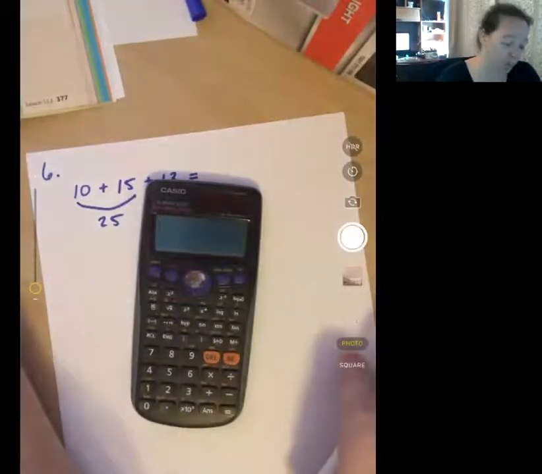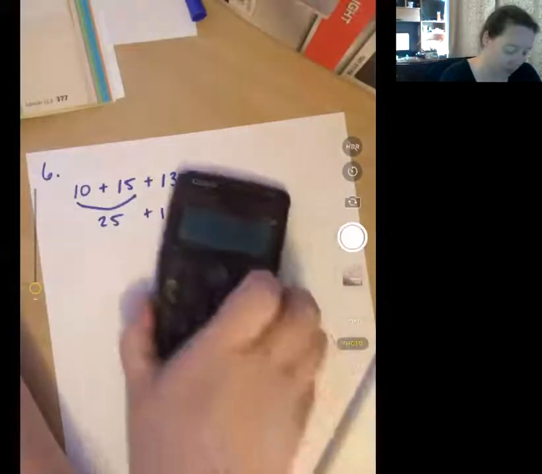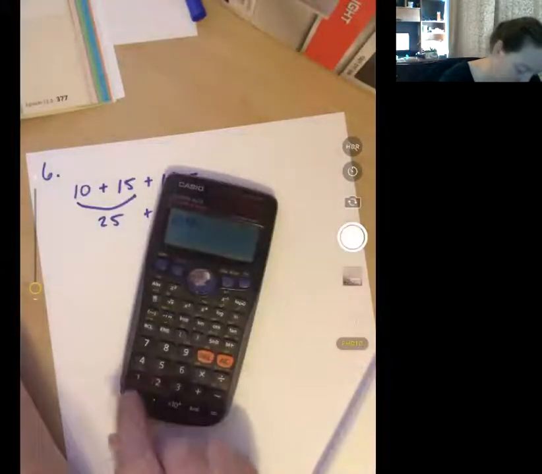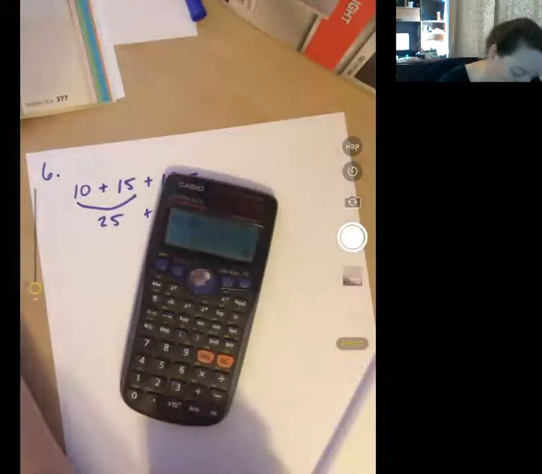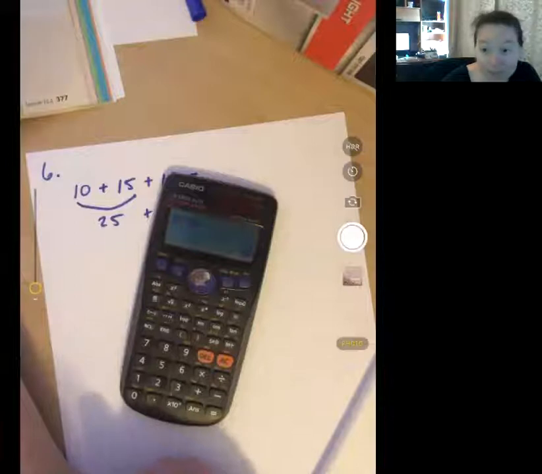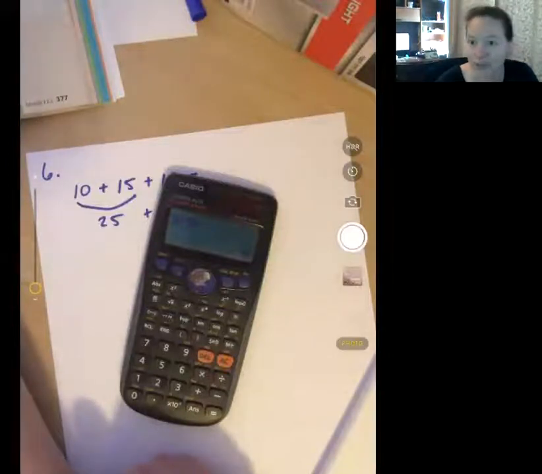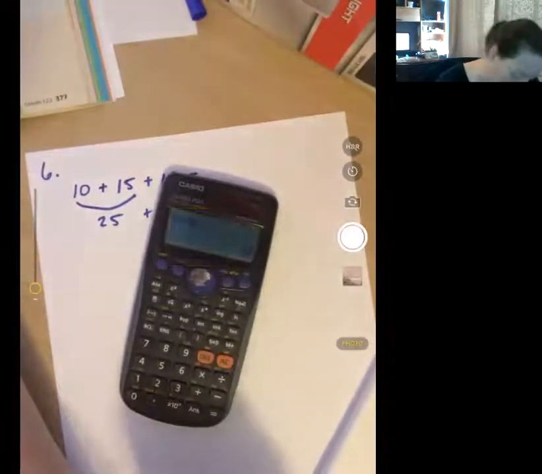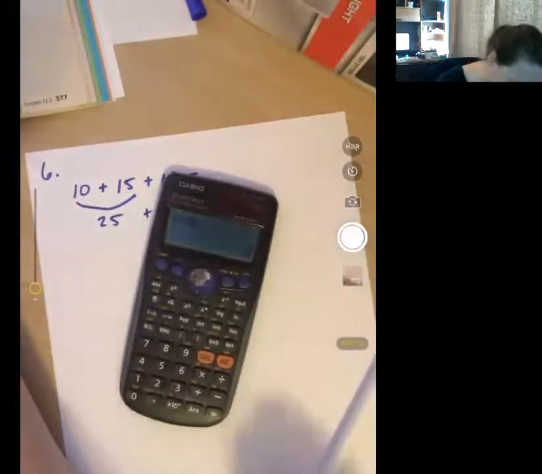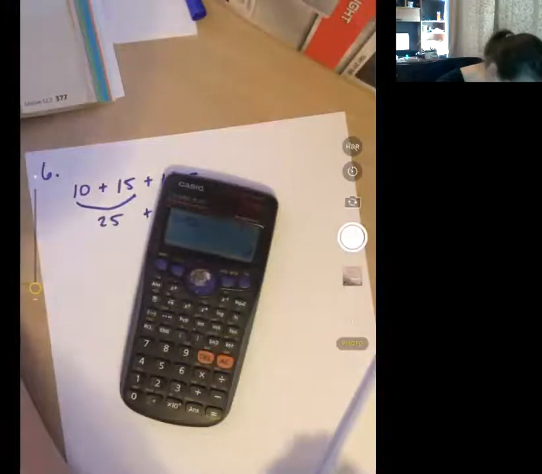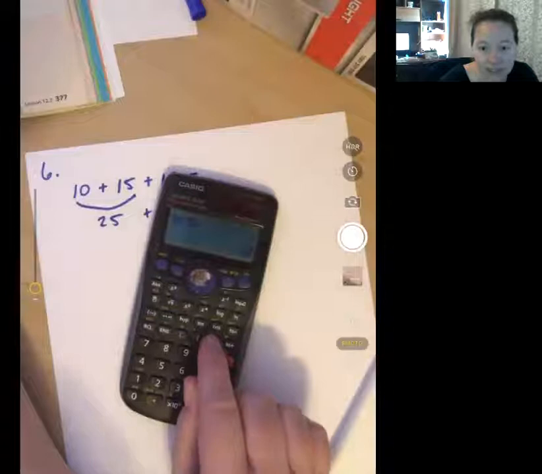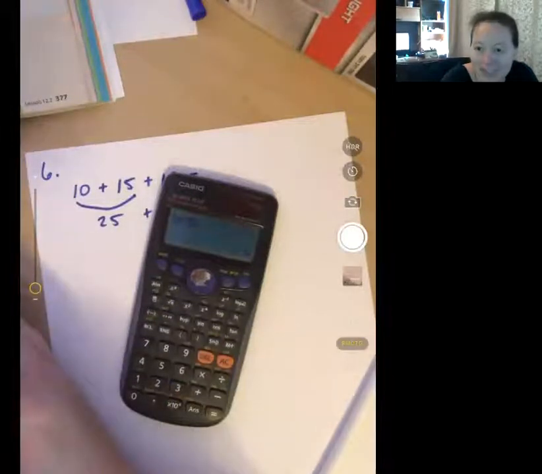Okay, so we need to plug in our numbers. We're going to do 38 divided by 50. It simplified my fraction for me. But I can do this. We have this button right here, the S to D. So I press that once, and it gives me my decimal.